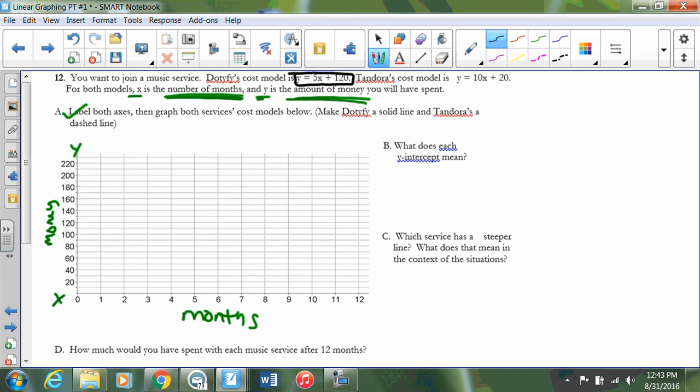So 120 is my y-intercept, so I'll find 120. And then the slope is 5. If we notice, when we go up, we're going up by tens, so I'm going to have to figure out how to go up by 5s. Basically, I'm going to start at 120, go up a half, and then go over 1.